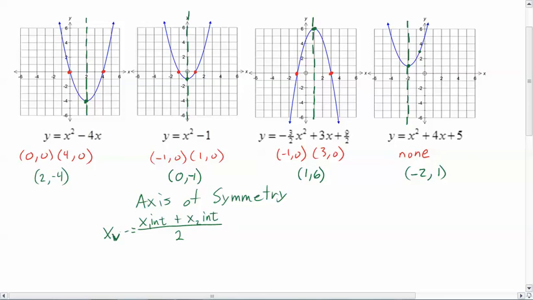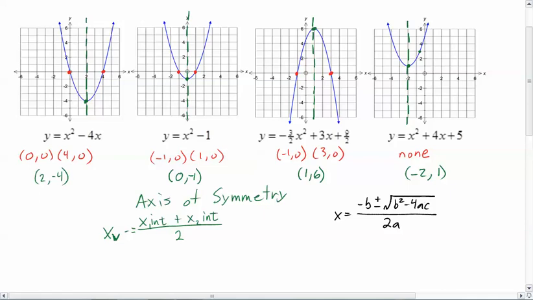Okay, now there's another way to get that vertex. Let's go ahead and write out the quadratic formula. X equals negative b plus or minus square root b squared minus 4ac all over 2a. Now, you may remember from our discussions in class that this right here is the discriminant.